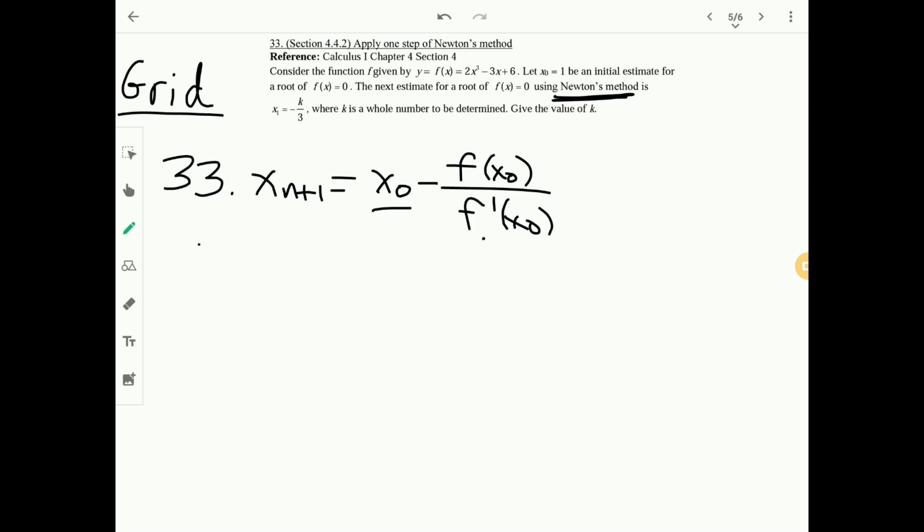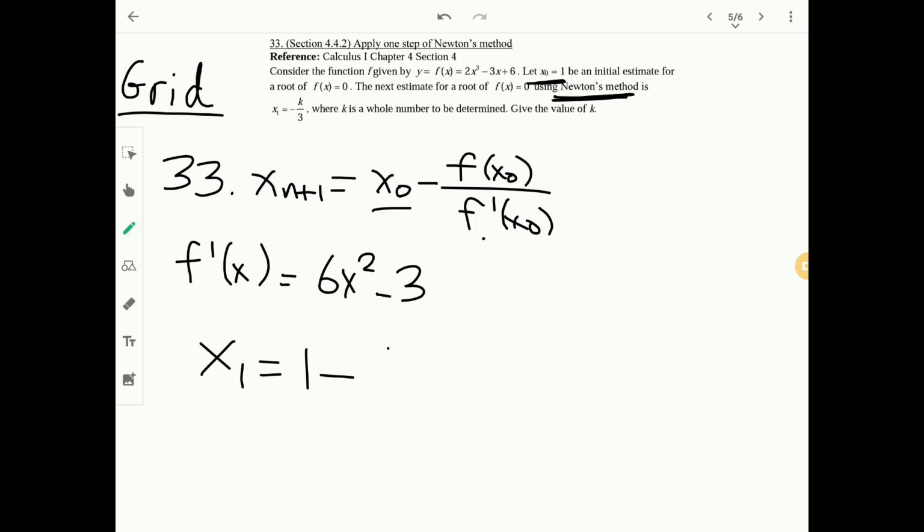We don't have f prime. So let's just quickly find f prime of x, which is 6x squared minus 3. Now let's see. x0 equals 1 is the initial estimate. So x1 equals 1 minus f of 1, which is 2 minus 3 is minus 1, 5 over.